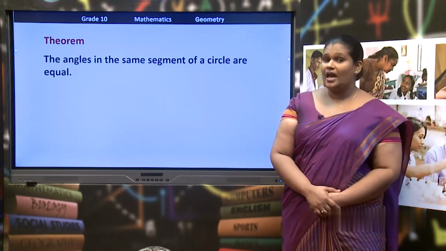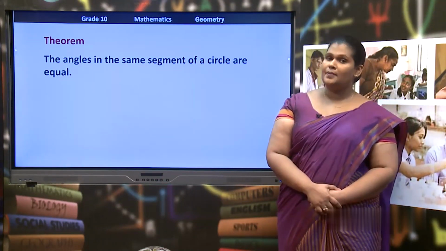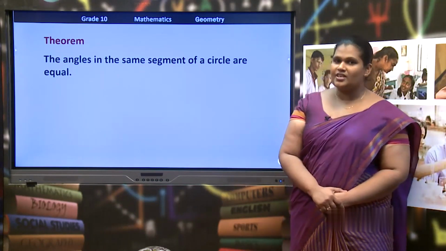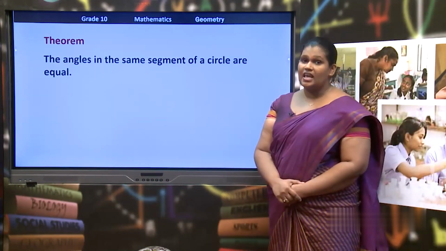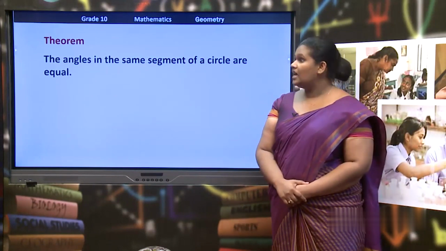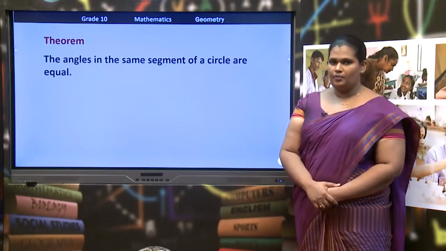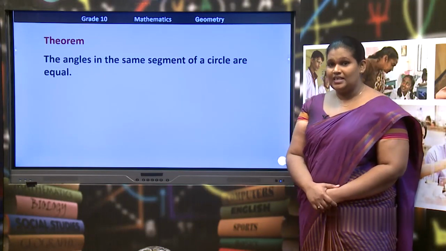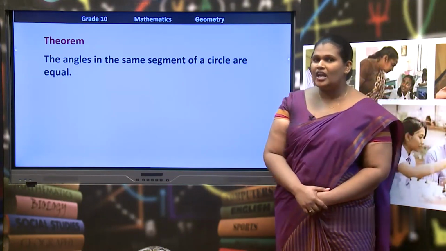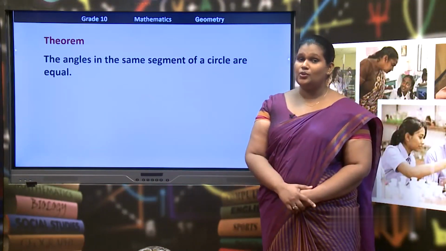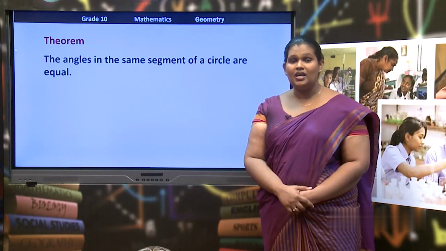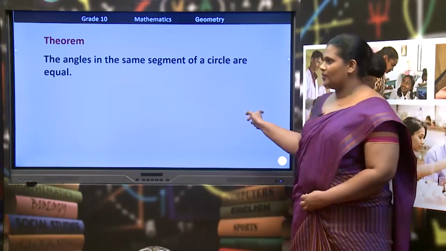Therefore, all the angles were equal in magnitude. Therefore, we can say the angles in the same segment of a circle are equal in magnitude. Right. Now, this is the second theorem we have learned for today. Once again, you can write this down in your theorems book. Right.